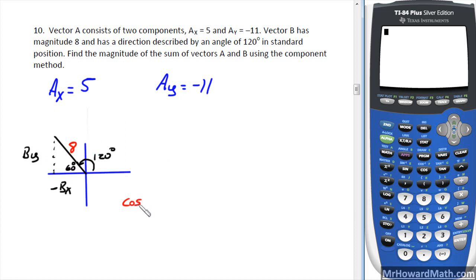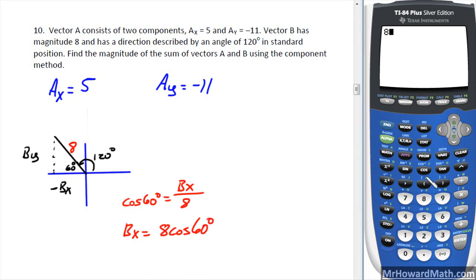If we set it up, cosine of 60 degrees is equal to the b sub x side over the hypotenuse. So b sub x is equal to 8 times cosine of 60 degrees, and we'll need to make that negative after we find the answer here. So 4. We'll write that in the x column. So b sub x is negative 4.